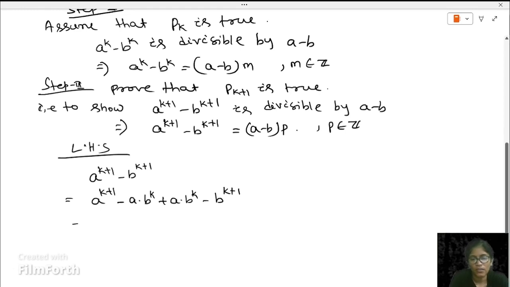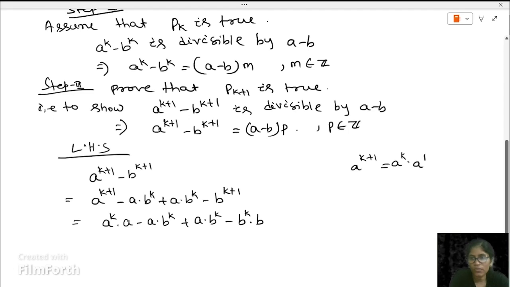Or we can write this as a to the power k into a minus a into b to the power k plus a into b to the power k minus b to the power k into b. That means breaking a to the power k plus 1 is equal to a to the power k into a to the power 1, which is a to the power k times a. Now taking a common from the first two terms, a times a to the power k minus b to the power k. Taking b to the power k common from the last two, b to the power k times a minus b.